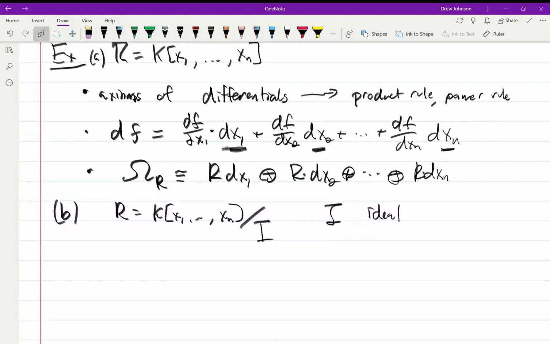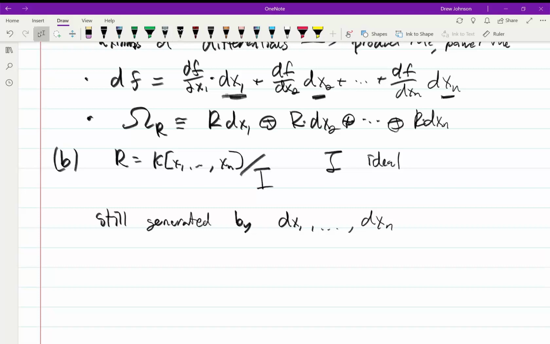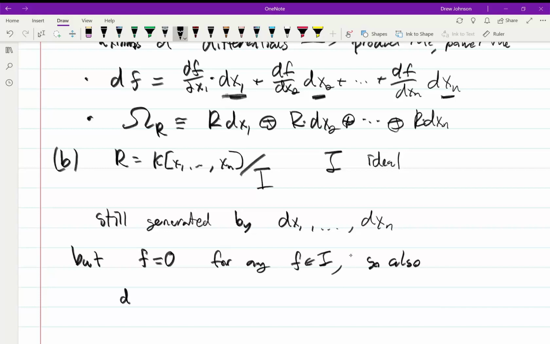Okay, so it's still generated by, for the same reason, dx1 up through dxn, but there's some extra relations, right? But we know that f equals 0 for any f in I. So that means that df has to be 0, right?